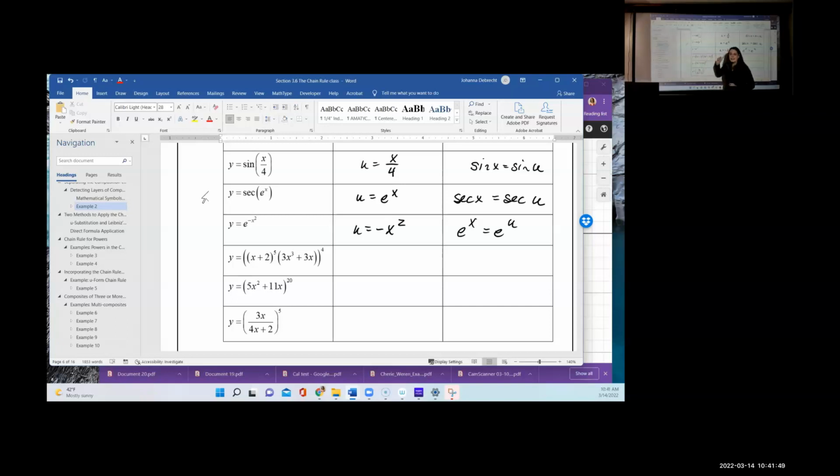And the last thing I would do is raise it to the 4th power, right? Last thing I do. Then that last thing you would do becomes the outside function. And the inside function is everything inside of it.